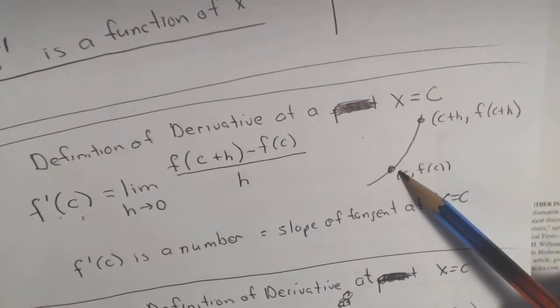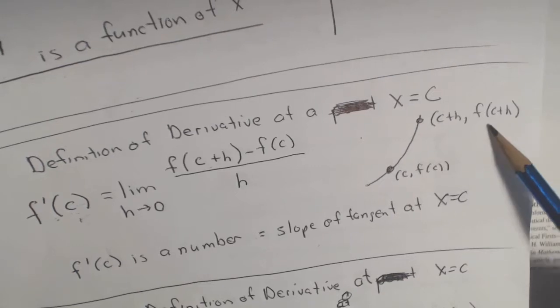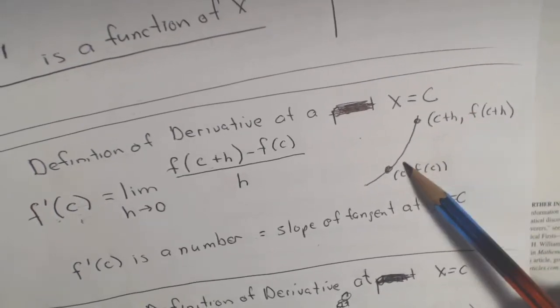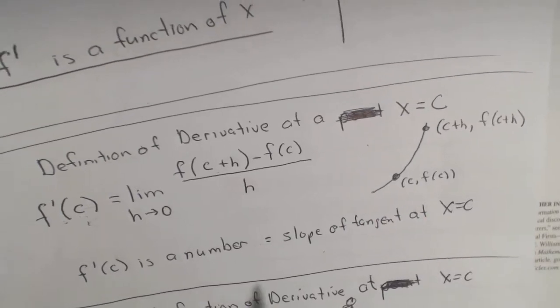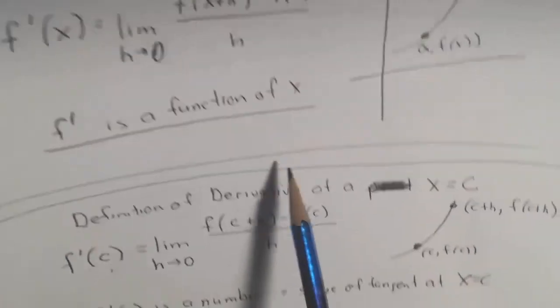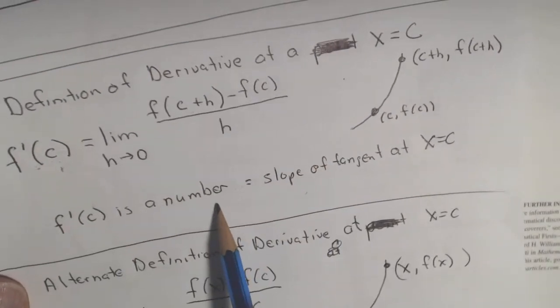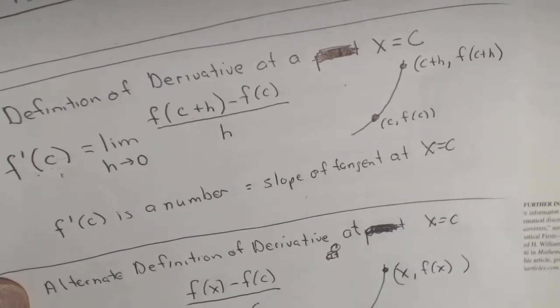So now it's at the point c, f of c, where we want the derivative. So it's y2 minus y1 over x2 minus x1, and you're doing the limit as h goes to 0. The difference in this one is that up top, f prime was a function. Down here, f prime is just a single number, which is the slope of the tangent to the graph at x equals c.